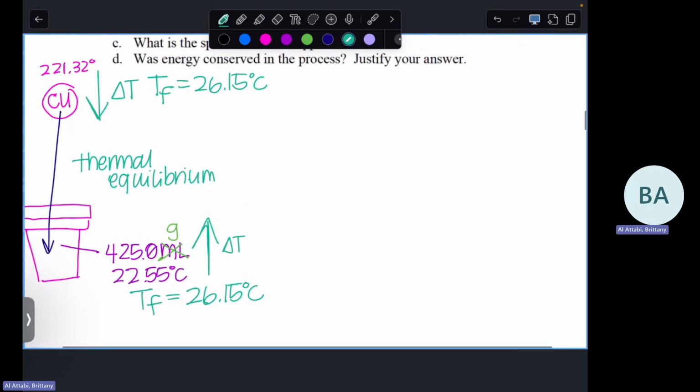So in a coffee cup calorimeter, the amount of energy lost by whatever it is, in this case a hot substance, is equal to, I'm going to put a negative on there, the amount of heat energy gained by the water.